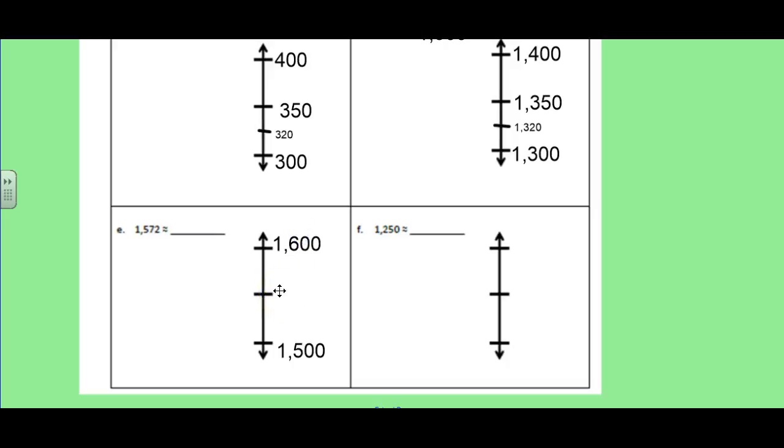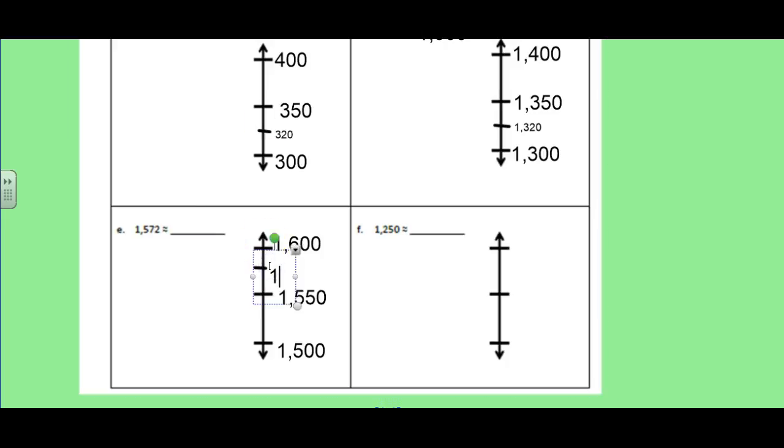And the halfway point between 500 and 600 is 550, so we've got 1,550. Now we're going to have to put where 1,572 goes. I know that 1,572 is more than 1,550, so this would probably be around 1,560. So right around in here is probably where we would see 1,572.